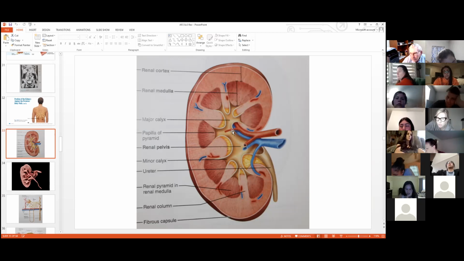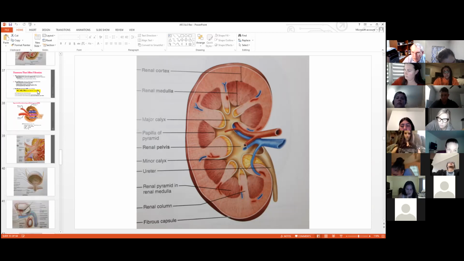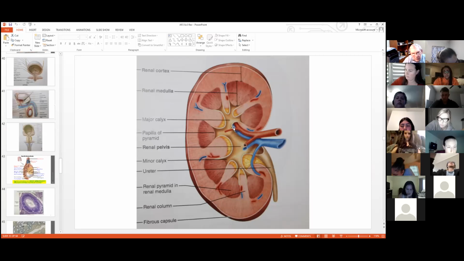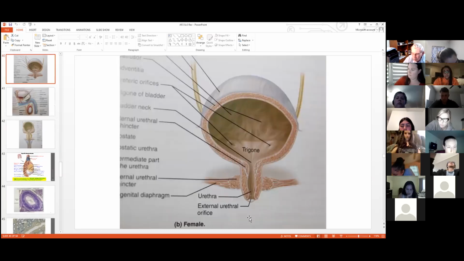The calyx all wind up at the pelvis. The pelvis drains through the ureter. The ureter drains into the bladder. The bladder drains by way of the urethra to the outside. So that's the pathway of urine, starting with the nephron and going all the way through the urinary system.